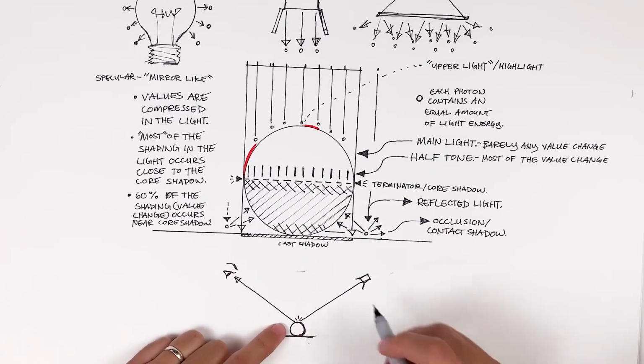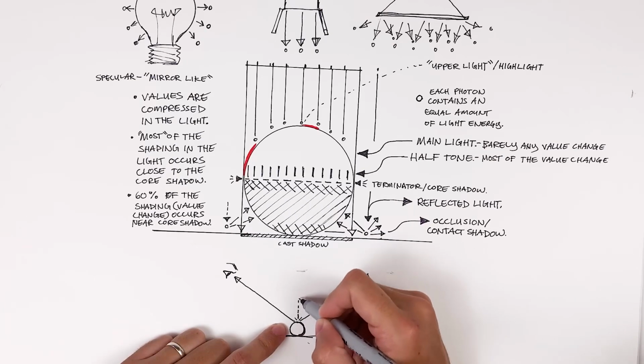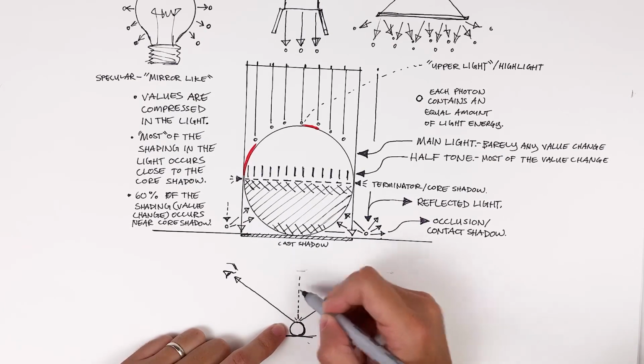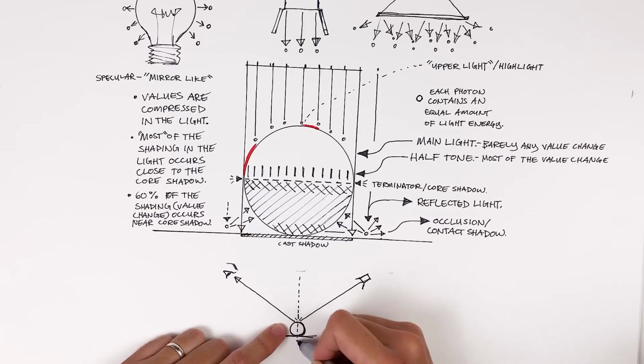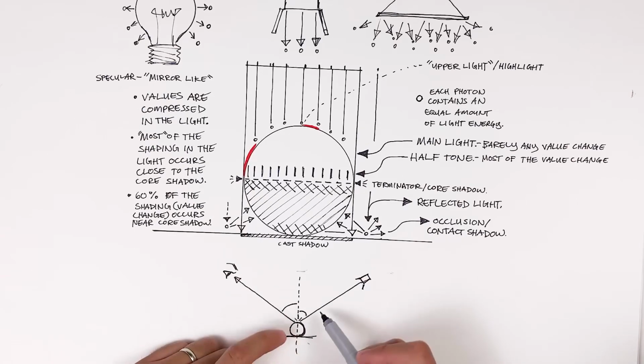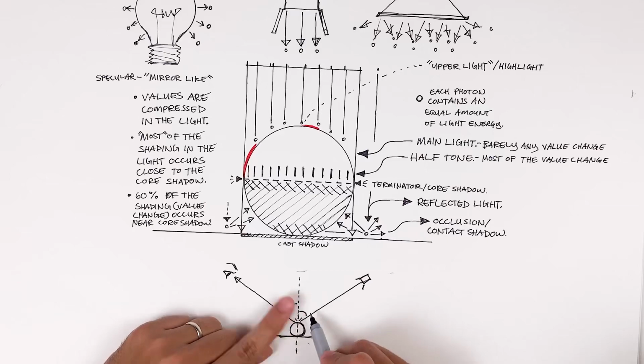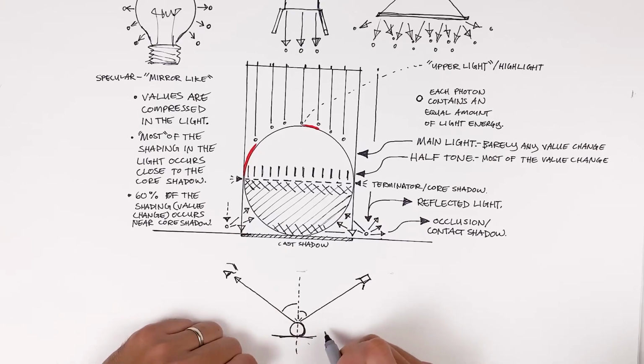Notice that if I draw a dividing line down the sphere, this angle and this angle are equal. They are the same degree, right? Not actually, there's no way I nailed it, but you can tell that they're generally the same degree, right?